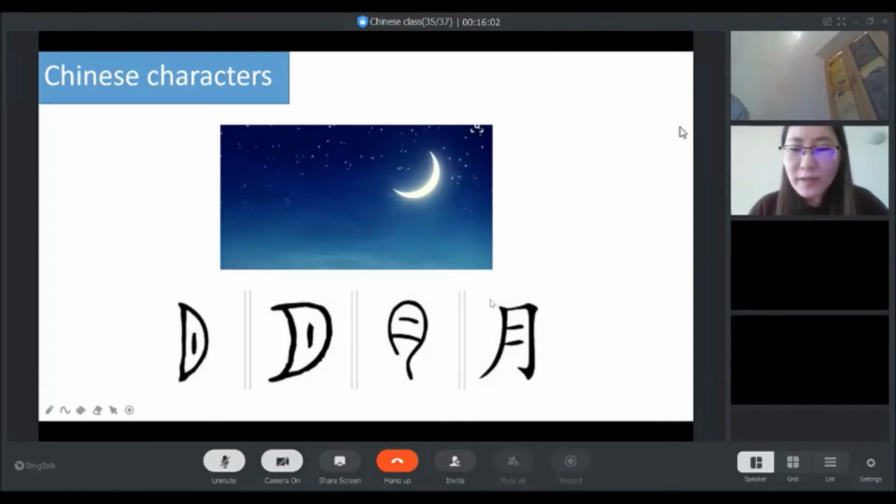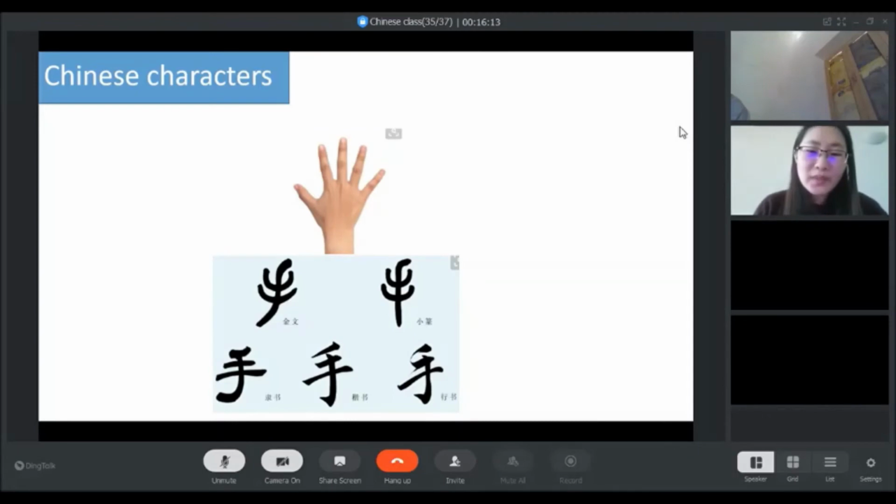It is still very similar to the picture of the moon. So this is 月. This means moon. And also this one, 手, hand.